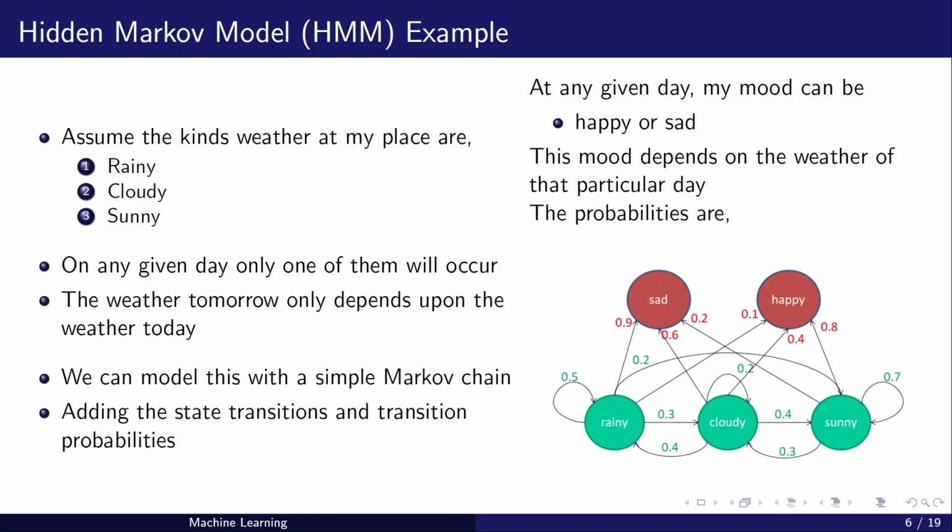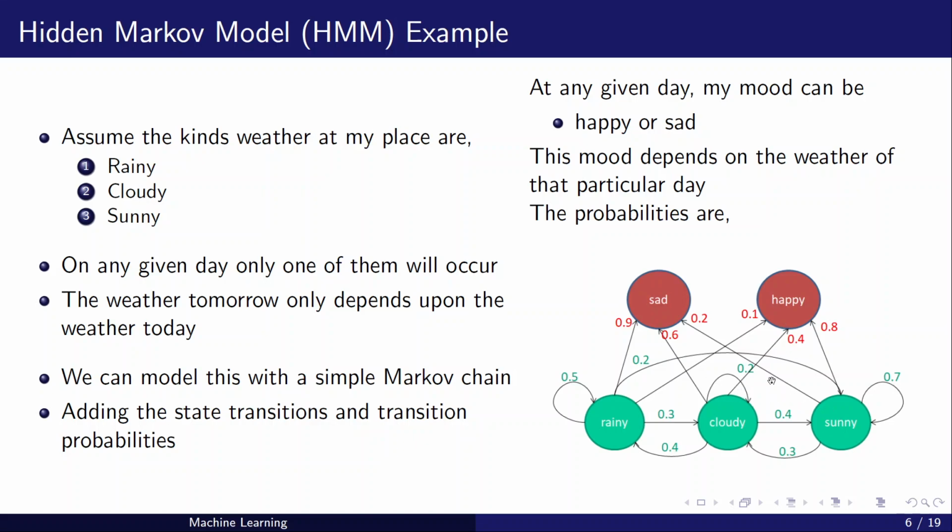So let's say the probabilities are marked in red color. On a rainy day you have a 90% chance that your mood is sad, and only a 10% chance that you are happy. On a cloudy day the sad probability is 0.6 and happy is 0.4.